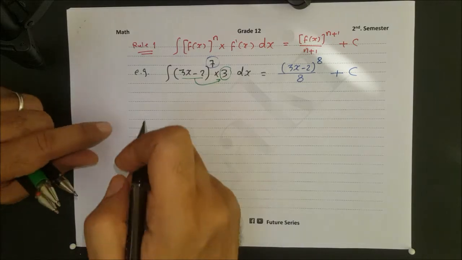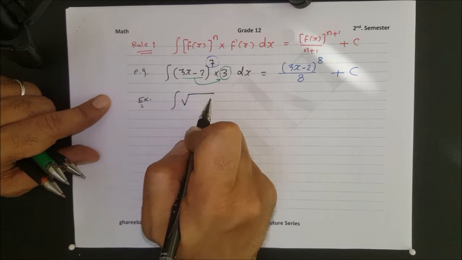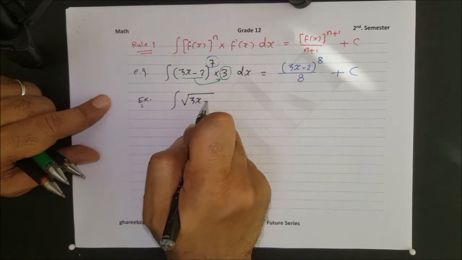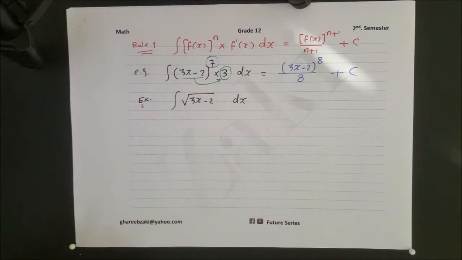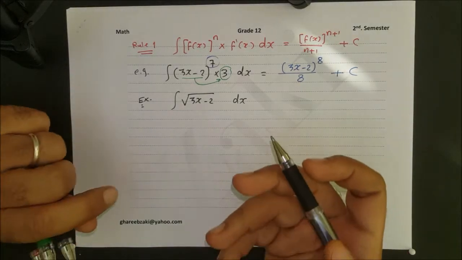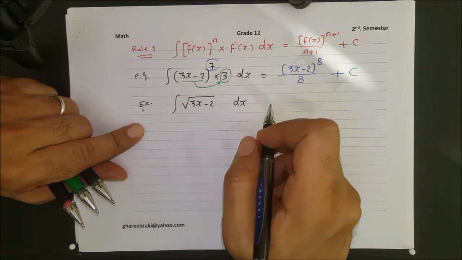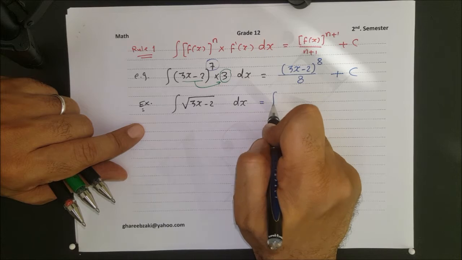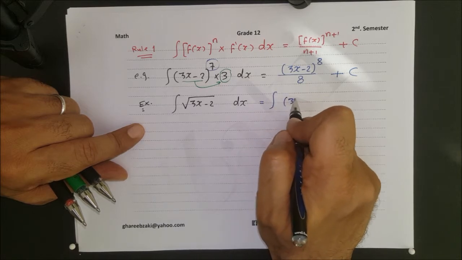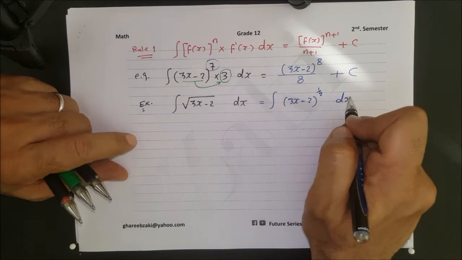Okay. Another example, integration of square root of 3x minus 2 dx. Now, how can we solve this? First step, we change this to a power. So we write this equals integration of 3x minus 2 to the power half dx.